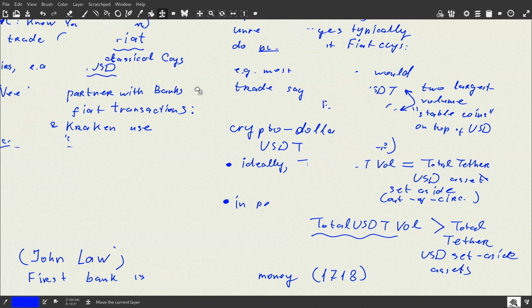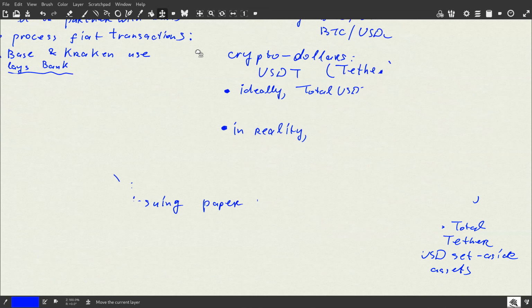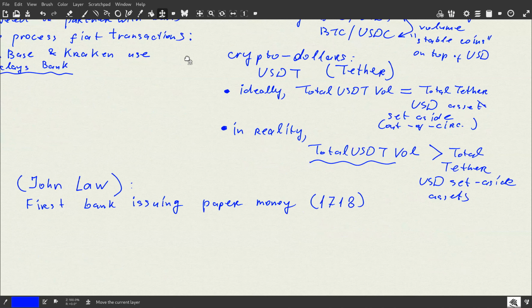What also helped John Law very much in that, in France, yes. So paper money, very much like USDTs, were issued in exchange for real assets.